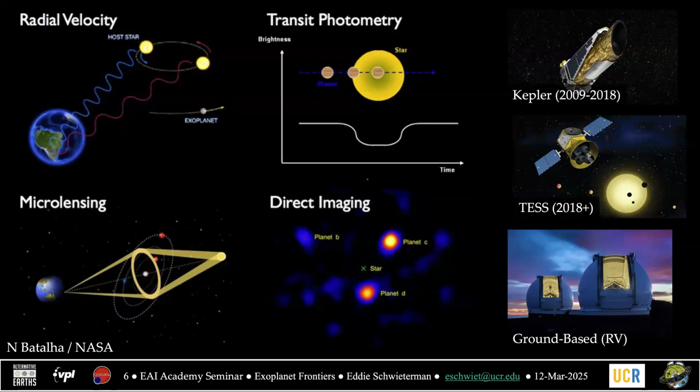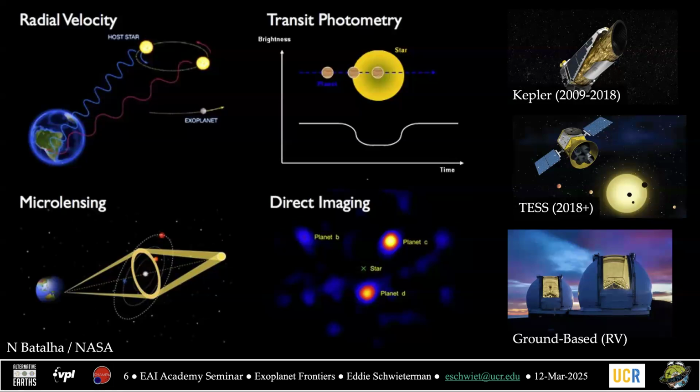And if there happens to be a planet orbiting that foreground star, then you can get a secondary dip that will reveal the presence of that planet. You can never go back to that system, but if you look at regions of the sky that are highly populated with stars, you can build a statistical understanding of how common planets are.